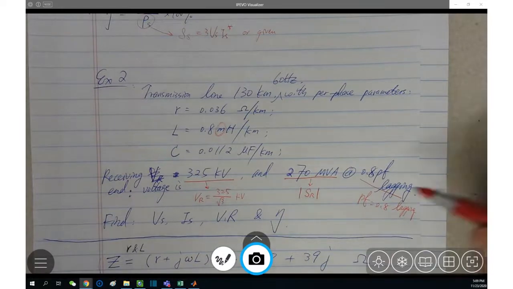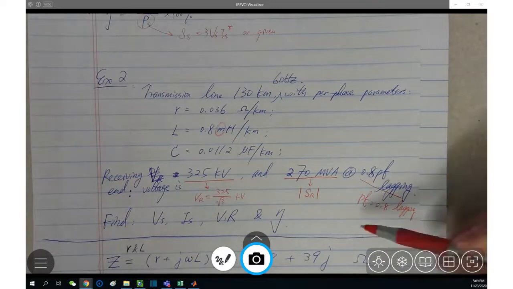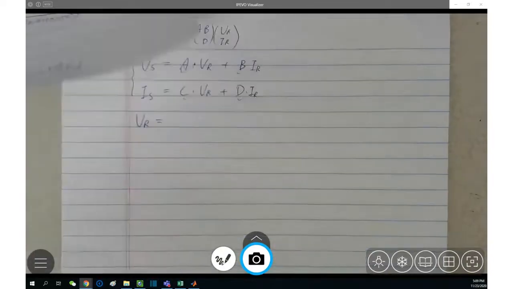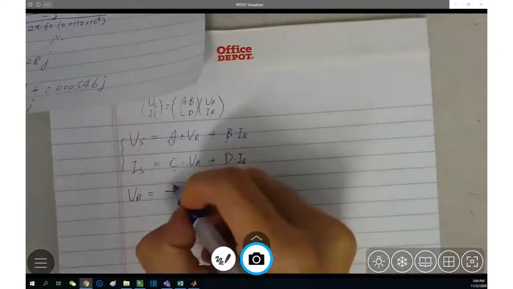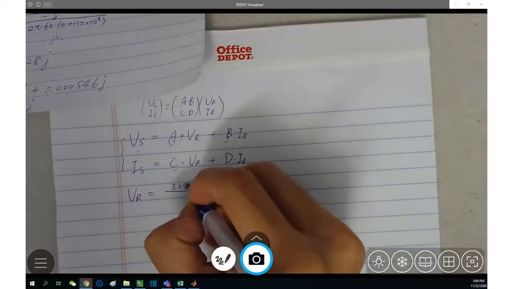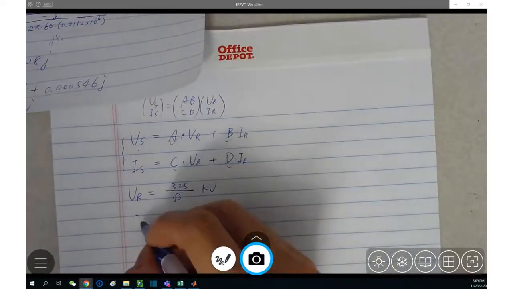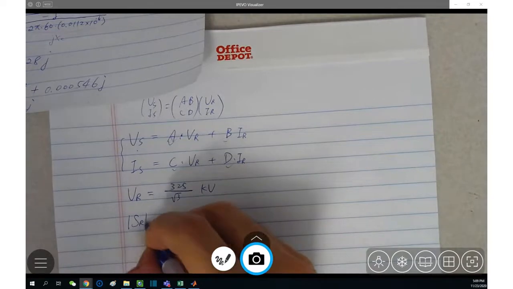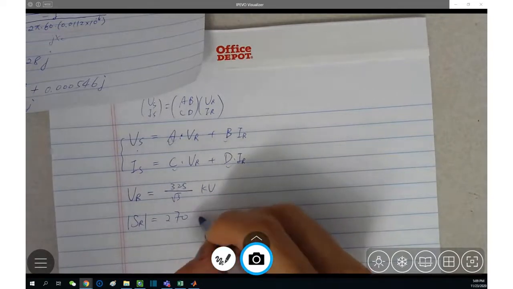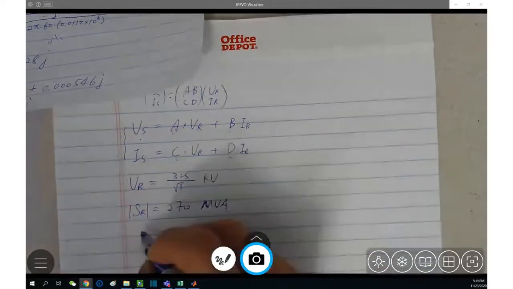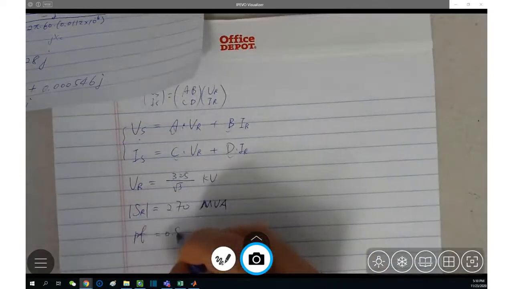We know the apparent power magnitude and the power factor. We can find IR, actually. So here, VR equals 325 over square root 3 kilovolts, and SR equals 270 MVA, and the power factor equals 0.8 lagging.